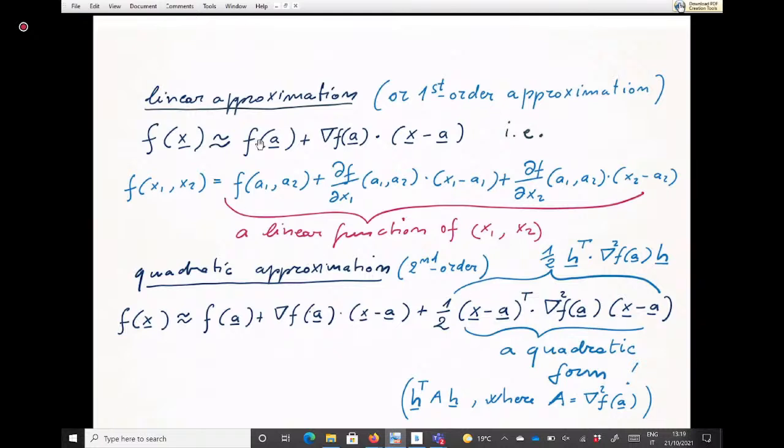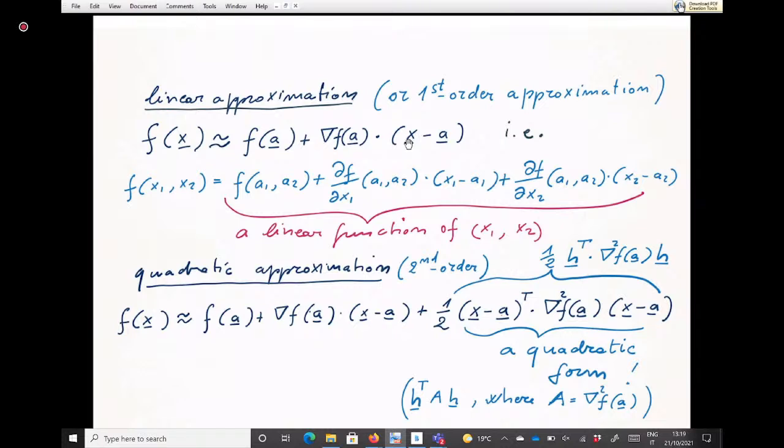Linear approximation. f of x can be approximated linearly by f of a plus gradient times x minus a. Exactly as in the case of the one variable functions, okay? f of x is equal to f of a plus derivative times x minus a. It is the same formula. Of course, what is this one?